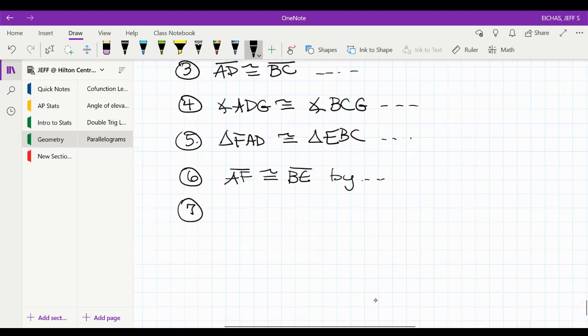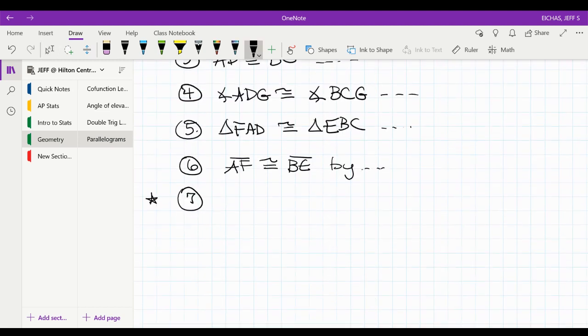All right, this is where it gets a little weird. AF is the same as BE, right? So if we subtract the same amount from both sides of things that are congruent, they should still be equal. So that's the subtraction property of equality.